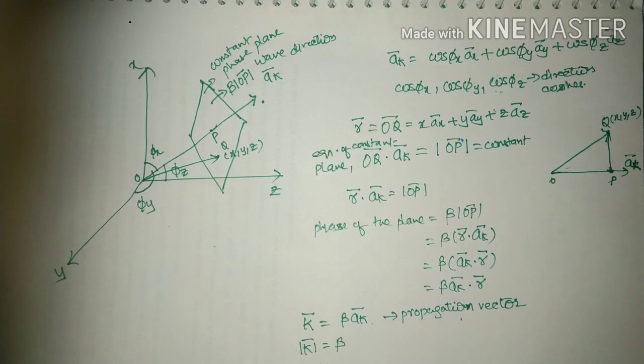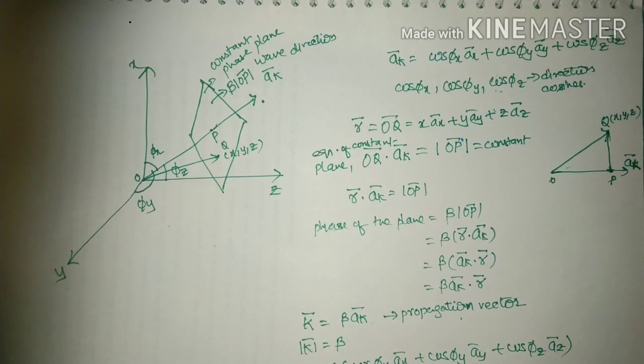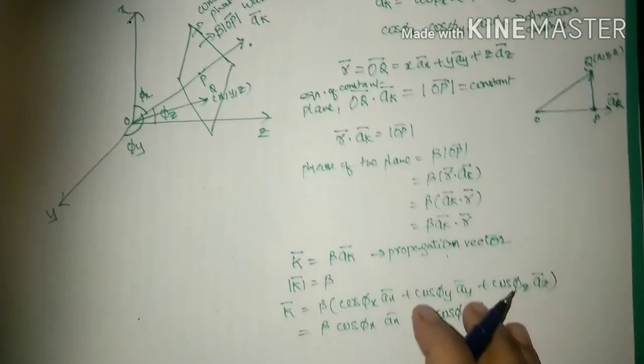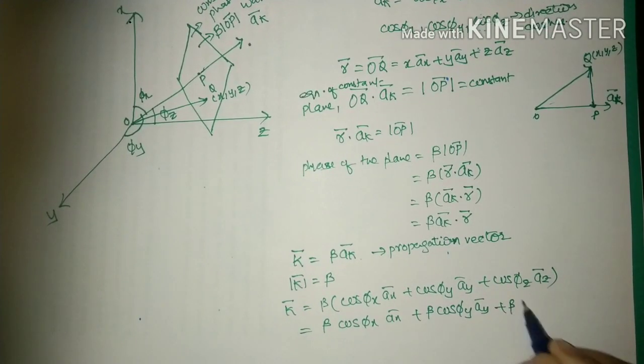Now let us determine what is beta into AK bar, which is equal to K bar. K bar is equal to beta into AK bar. AK bar is equal to cos phi x ax bar plus cos phi y ay bar plus cos phi z az bar, so K bar is beta cos phi x ax bar plus beta cos phi y ay bar plus beta cos phi z az bar.